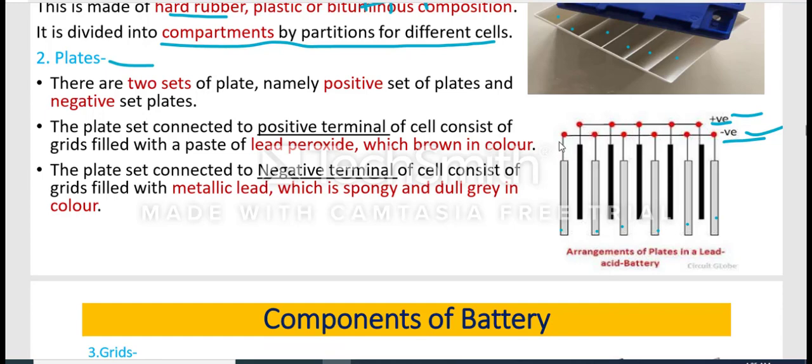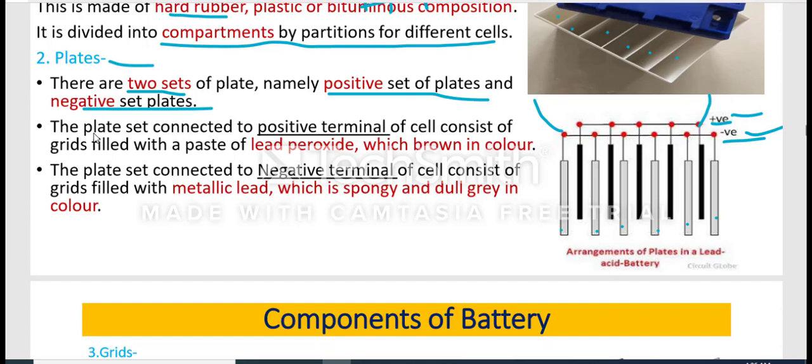Similarly, negative plates are connected in series, and after that one terminal is taken out of this and one terminal is taken out of this, and then this terminal is connected to the next cell or compartment of the battery.